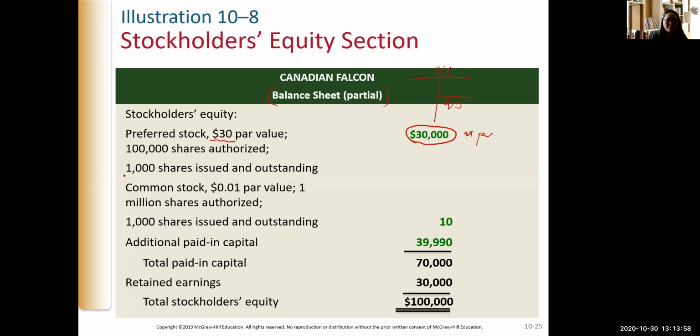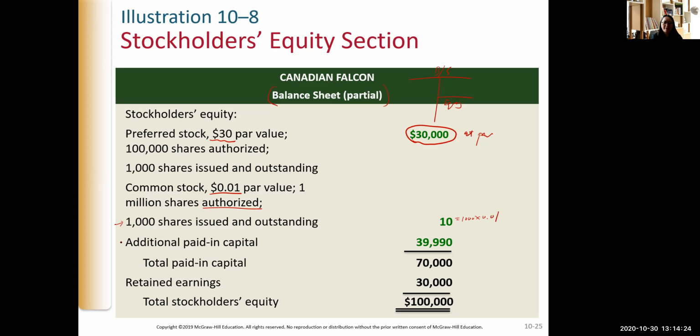And then 1,000 shares issued and outstanding. Common stock has a 1 cent par value, 1 million shares authorized. You don't need to issue all the authorized shares, right? They only issued 1,000 shares outstanding, and the par value is actually 1 cent. This is 1,000 multiplied by 0.01.